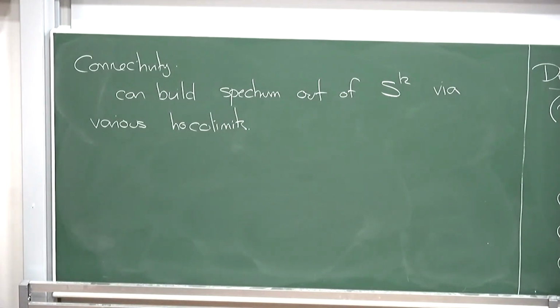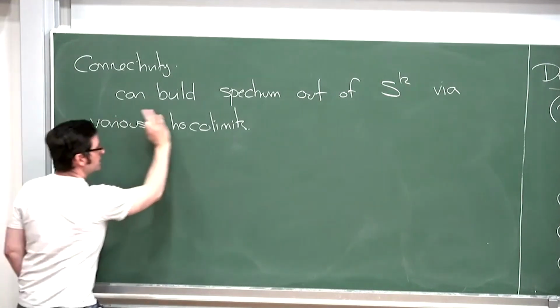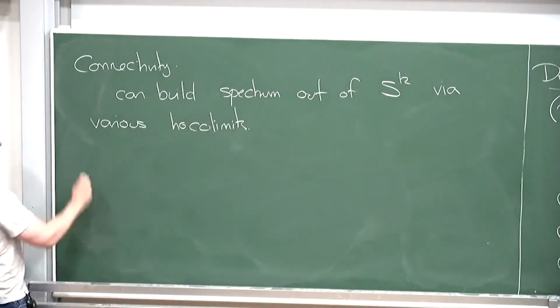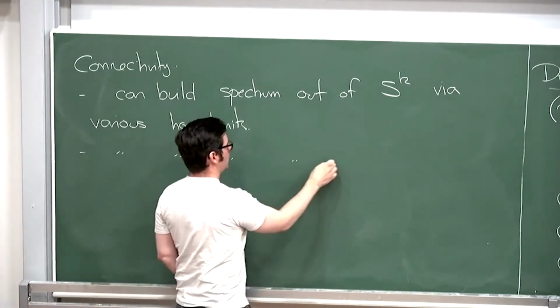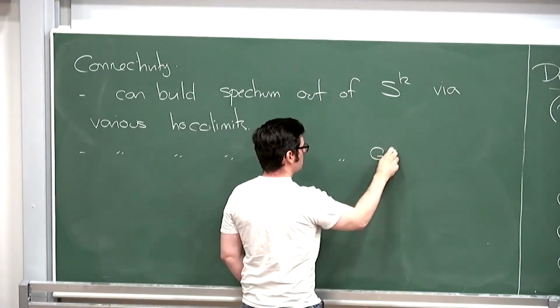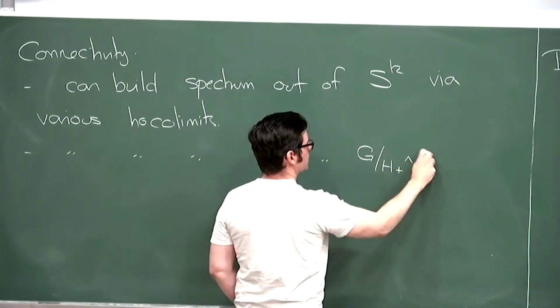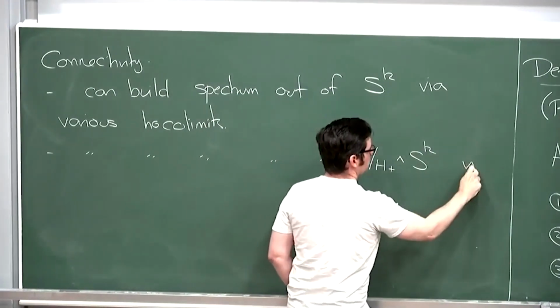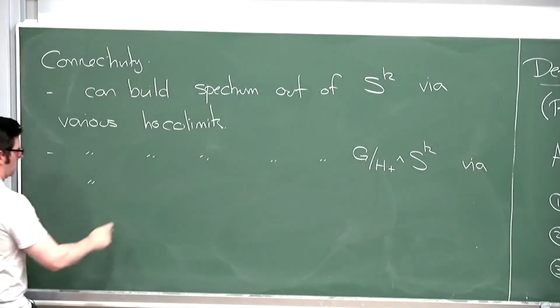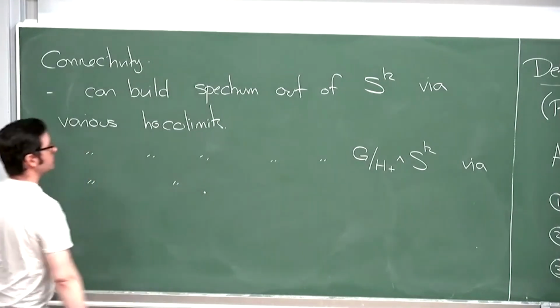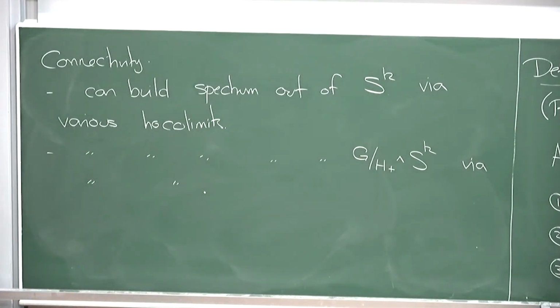And the word "various" here is actually doing a lot of work, because I could say I'm letting the group act on things, or I could say that I can build the spectrum out of G mod H plus smash the k-sphere via less exotic homotopy colimits. But I mean the same thing essentially in both. So whichever you're more comfortable with, take that as your definition of connective.